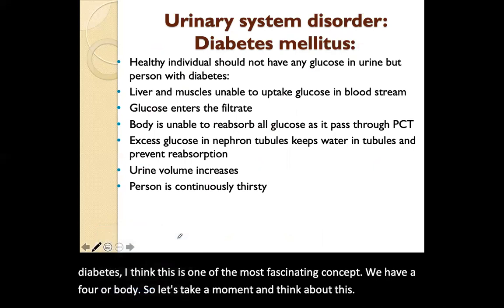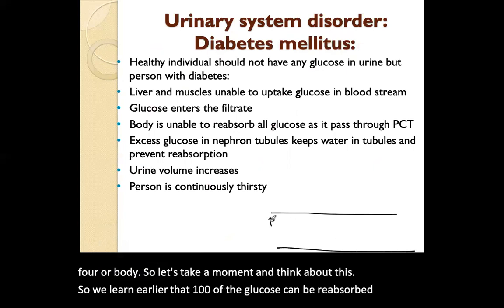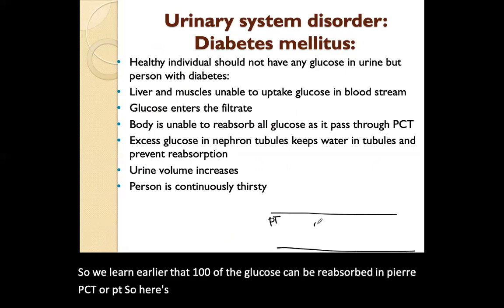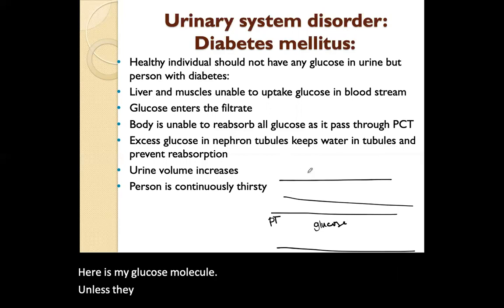We learned earlier that 100% of the glucose can be reabsorbed in your PCT or PT. So here's my PT. Here is my glucose molecule. And let's say on the top, you have your peritubular capillaries.